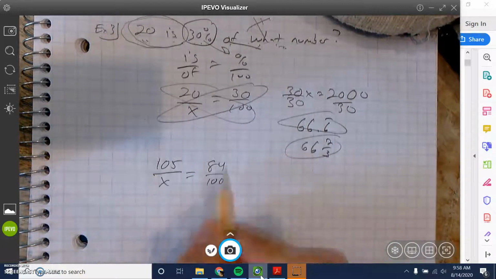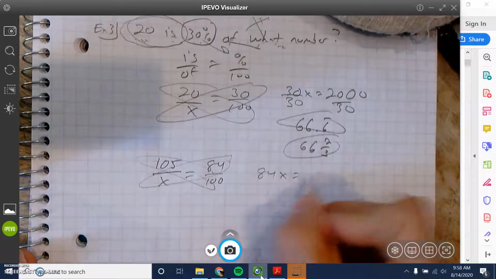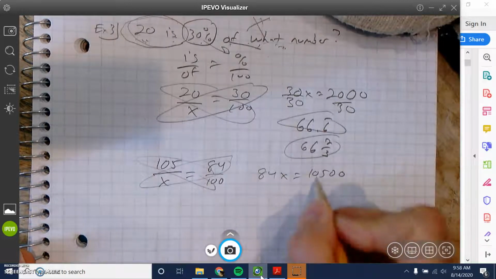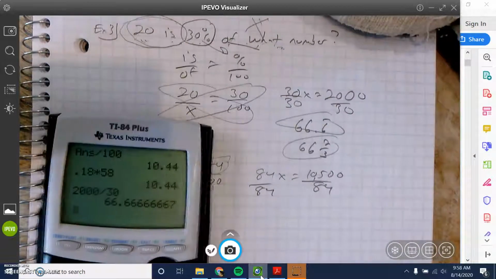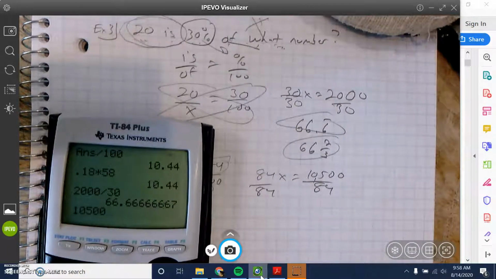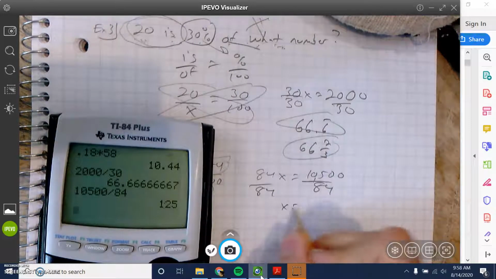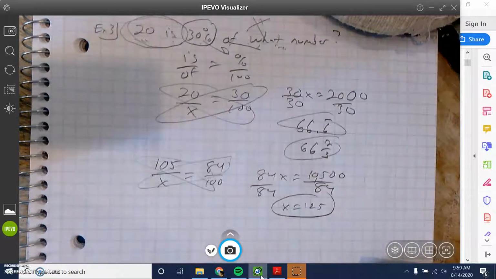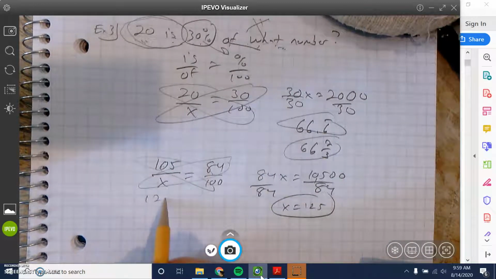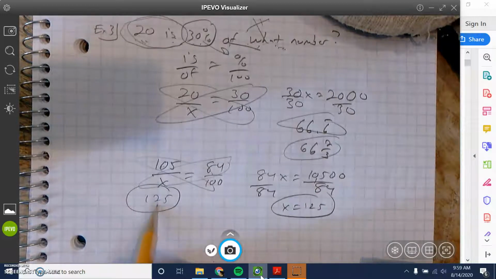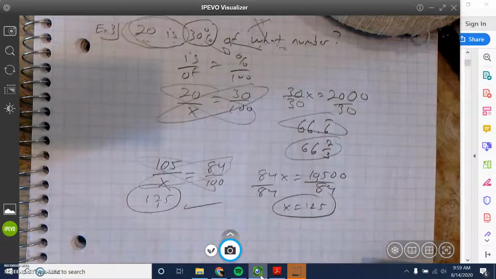That's what you should have set up. 84x equals 105 times 100, which is 10,500, divided by 84. 10,500 divided by 84 is 125. Bam. And that makes sense because if the 105 is the part, generally the whole is bigger. And that's going to be 84%. Cool. Nice job.